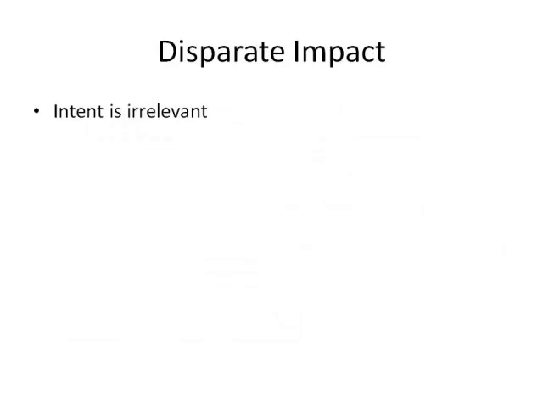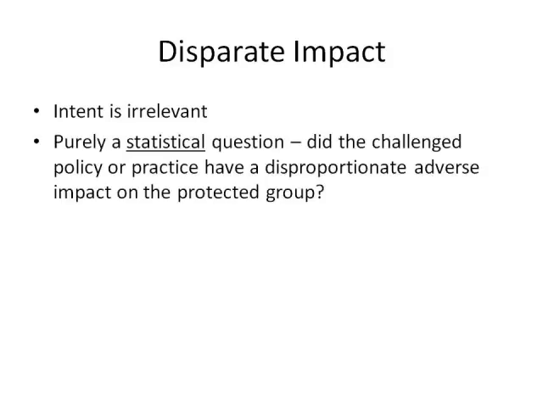Unlike disparate treatment, in a disparate impact claim, intent is irrelevant. Motivation is not an issue here. For disparate impact claims, it's purely a statistical question. Did the challenged policy or practice have a disproportionate adverse impact on the protected group?